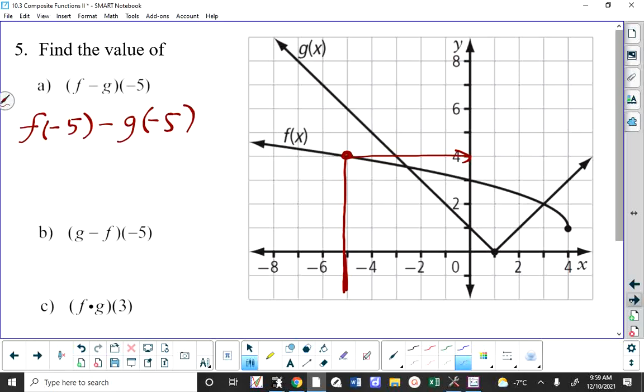F of negative 5 is 4. How is it we determine, I'll just use a different color here, g of negative 5? Well, we go over to an input of negative 5 and we look at the y coordinate on g, which is 6. So we have 4 minus 6, which is negative 2.